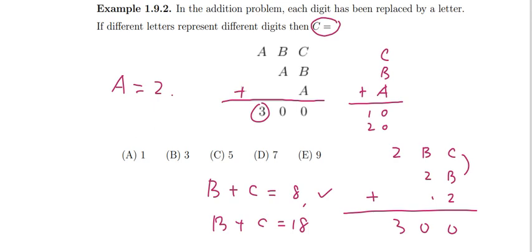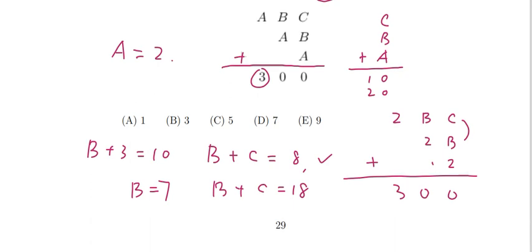So this means b plus 3 should equal 10, so b equals 7. Is this okay? Yeah, b equals 7, then we can find c equals 1.